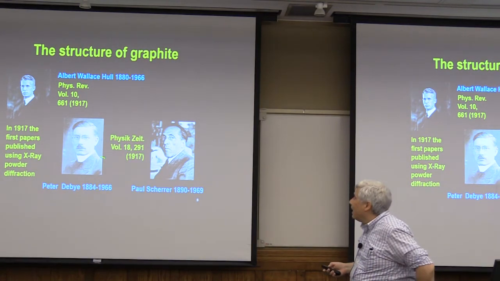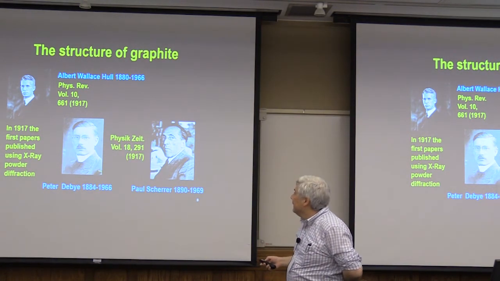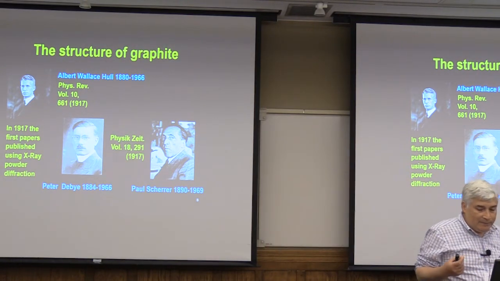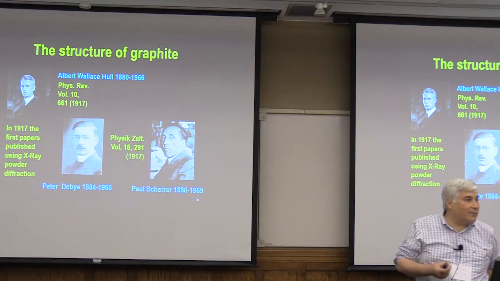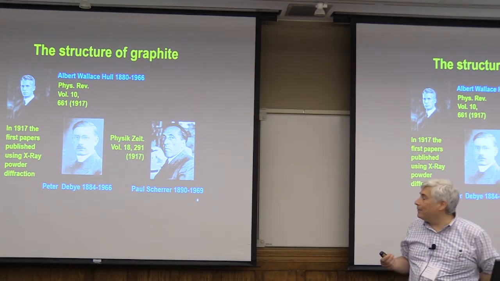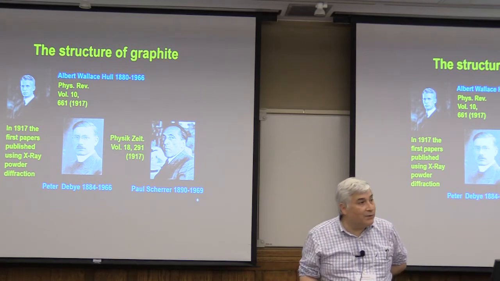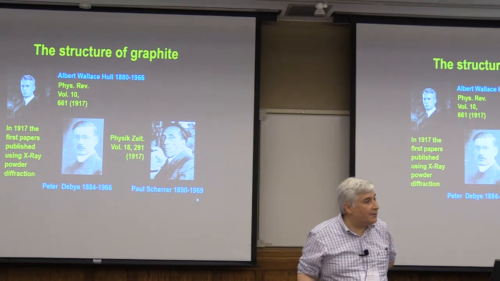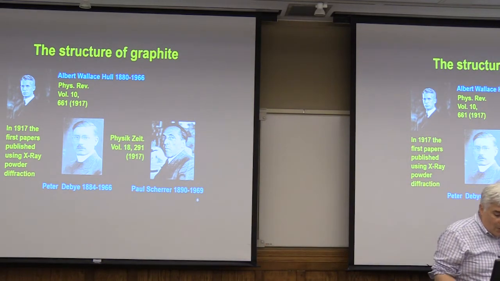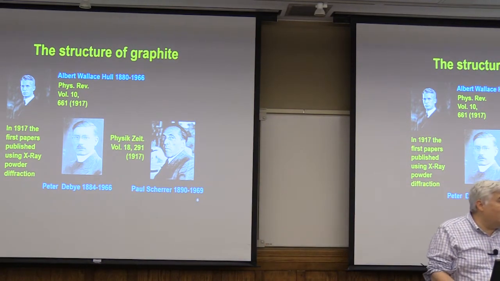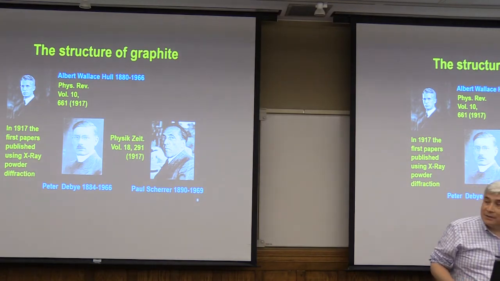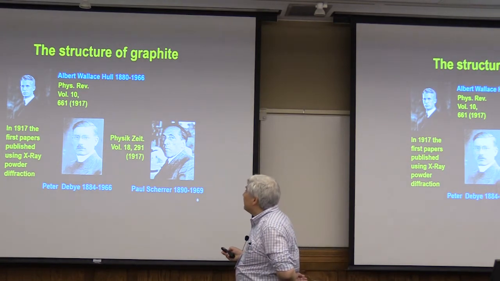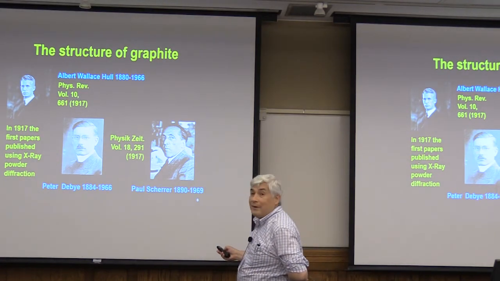That was the problem, because what they had was a three-dimensional structure. And since they didn't have a good crystal sample, because it was a powder, if you take a powder sample of graphite from a mine, for example, you have two different kinds of graphite. You may have FCC, face-centered cubic graphite, or you may have an AB stacking graphite, which now is known as Bernal graphite, because Bernal had a very nice sample.